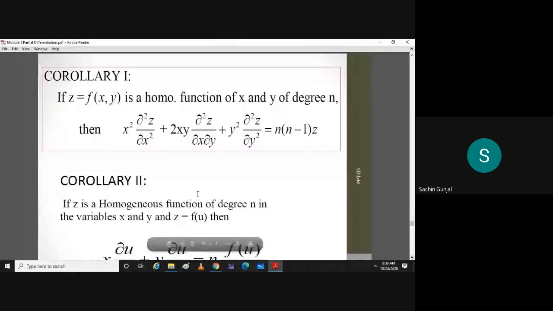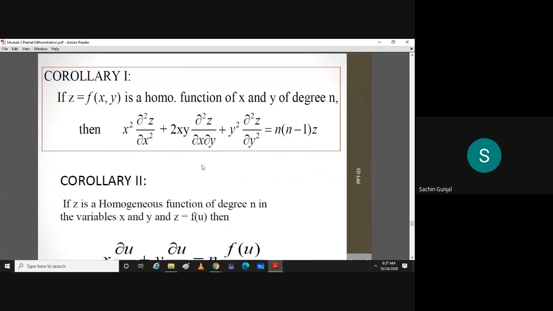Some deductions or corollaries we looked at. If the function is homogeneous of degree n, then the second order expression x² ∂²z/∂x² plus 2xy ∂²z/∂x∂y plus y² ∂²z/∂y² equals n into (n minus 1) into that function z.